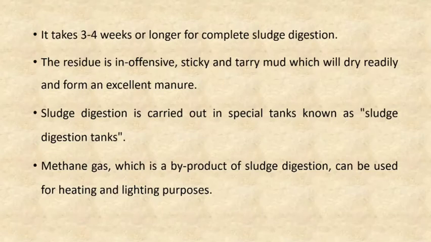The sludge digestion is carried out in special tanks which are known as sludge digestion tanks. The methane gas, which is the byproduct of sludge digestion, can be used for heating and lighting purposes.